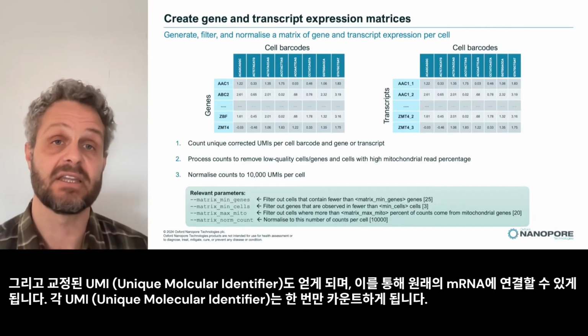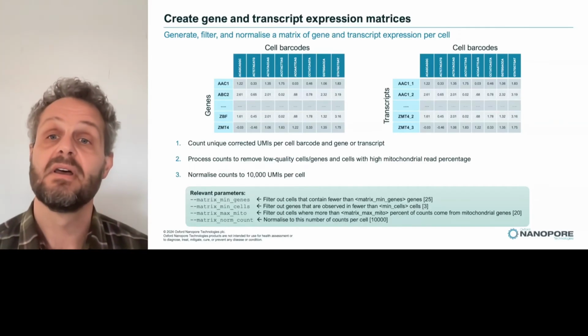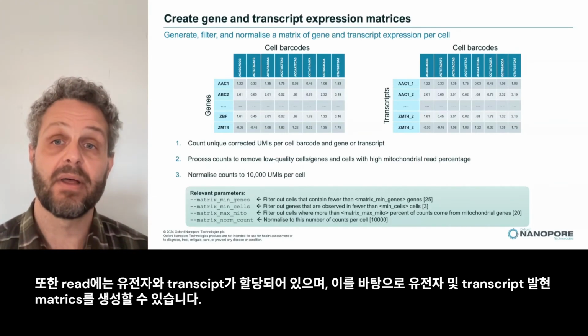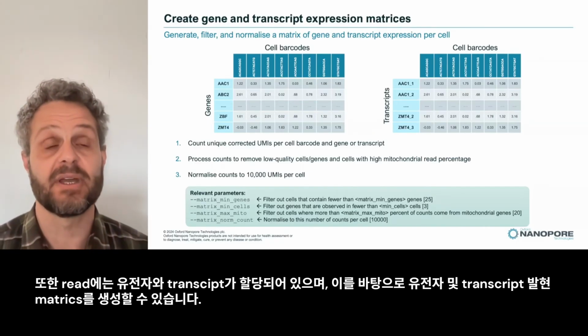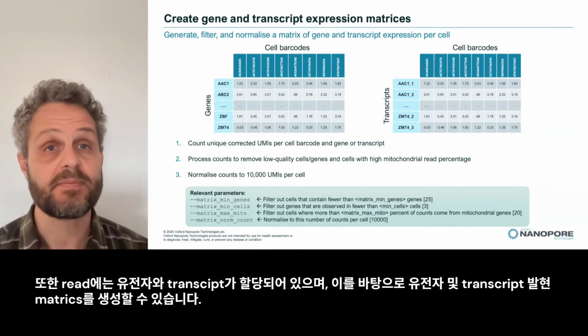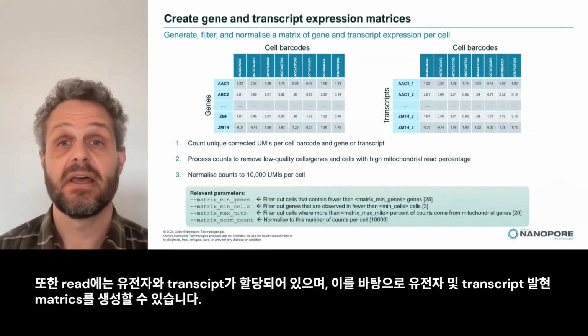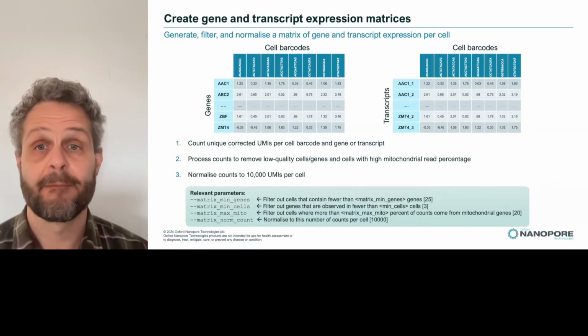So we only count each UMI once, and there will also have been assigned genes and transcripts, and from all this information we can generate gene and transcript expression matrices.